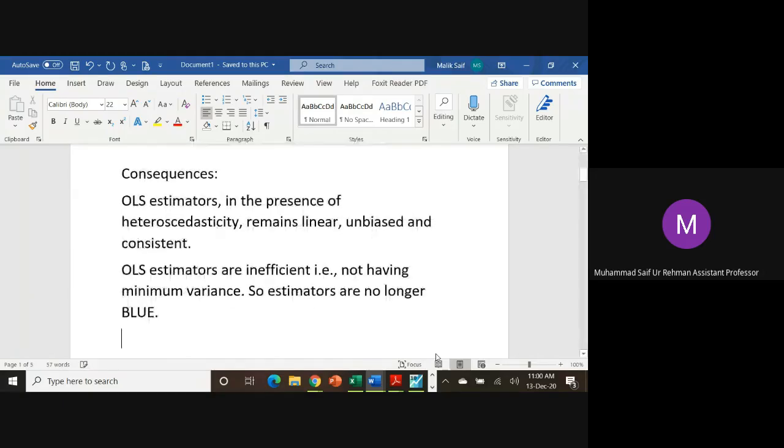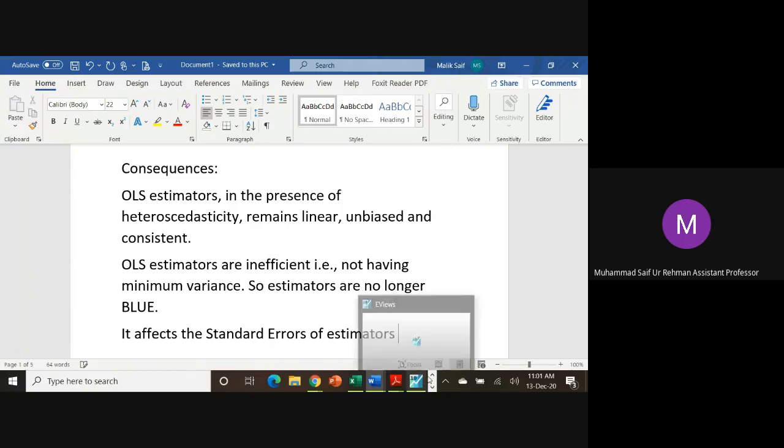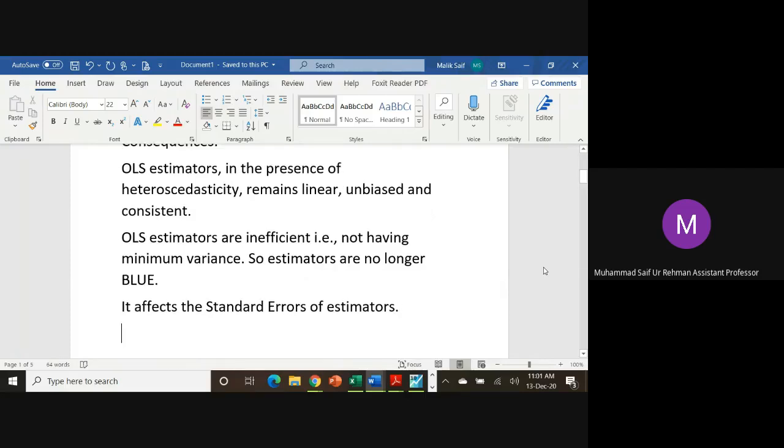Moreover, heteroscedasticity affects the standard errors of the estimators. By estimators I mean the betas. So the standard errors of the estimators are affected in case of heteroscedasticity.